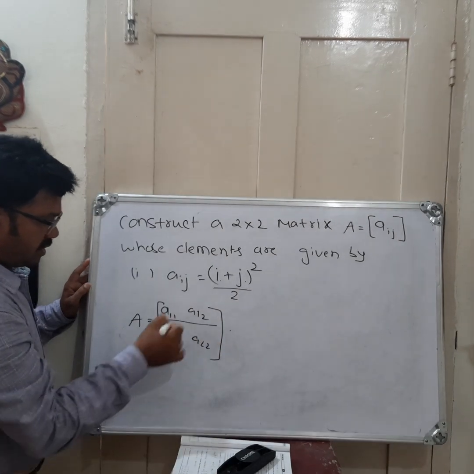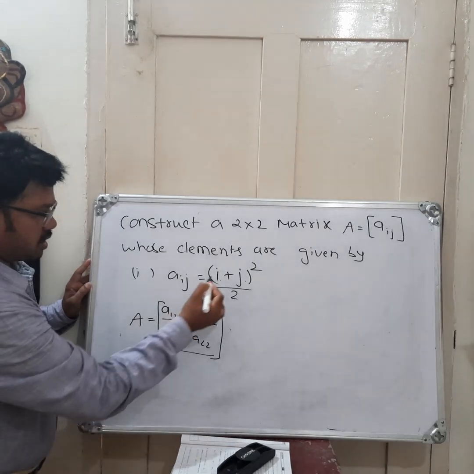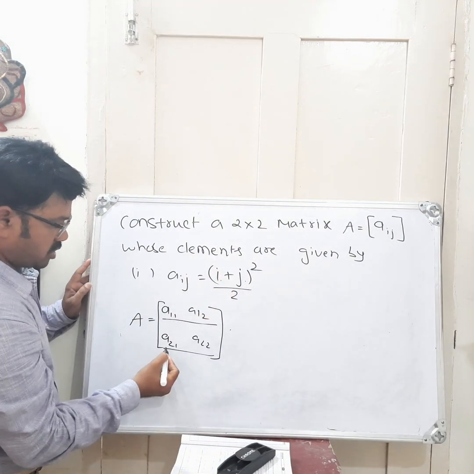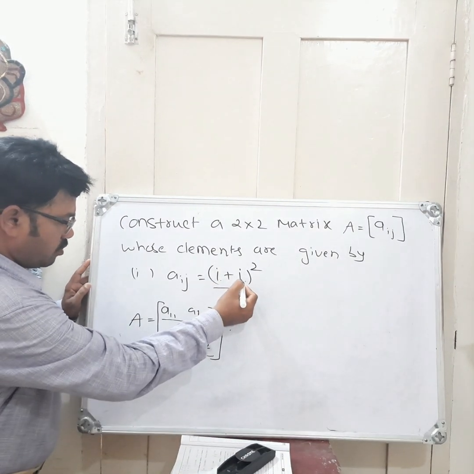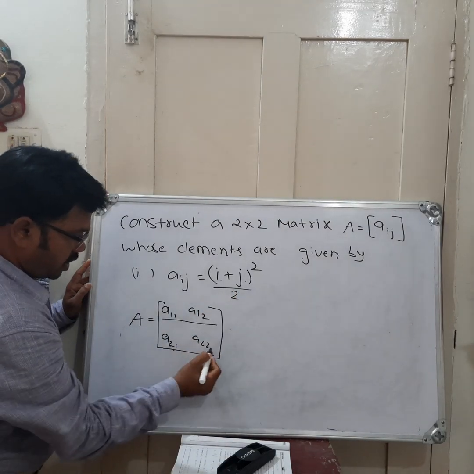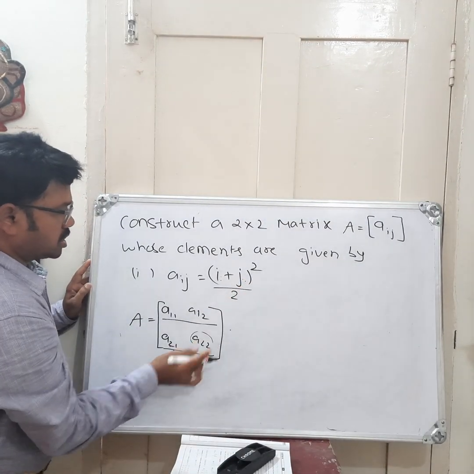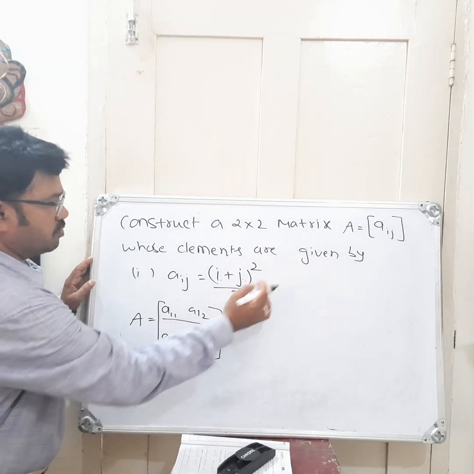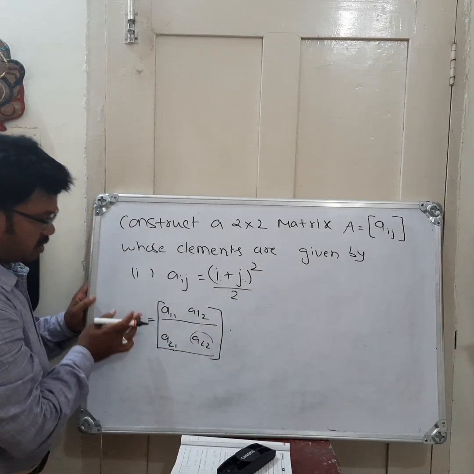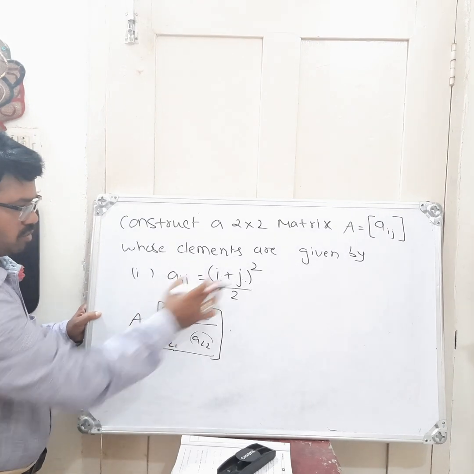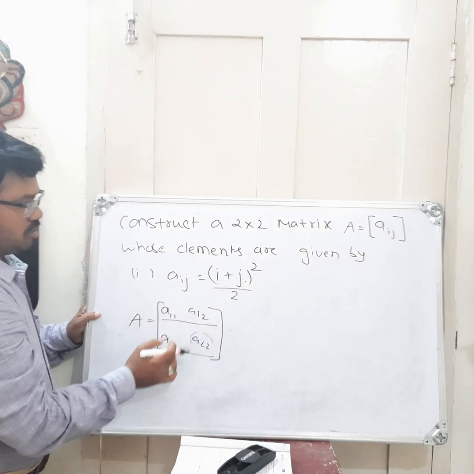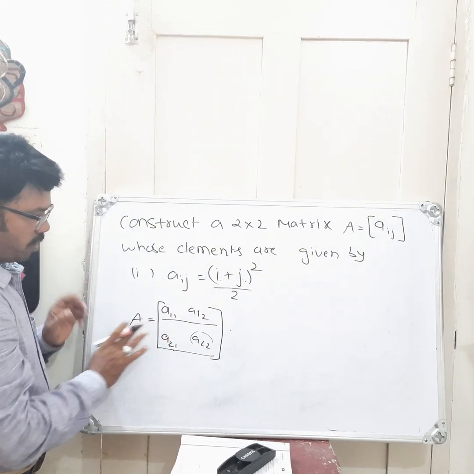For the second row, we have to substitute i equal to 2 and j equal to 1, and again for the last element i value equal to 2 and j value equal to 2. Substitute in this given relation, then we will get the required elements for this 2 by 2 matrix.